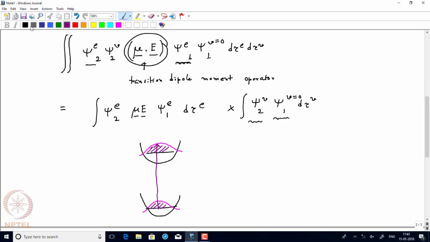Why? Because in the excited state, I already told the well has been shifted. It looks like something like this. So what will happen?